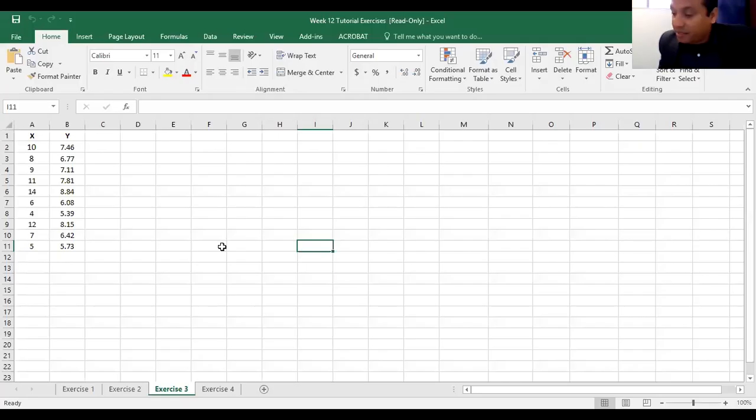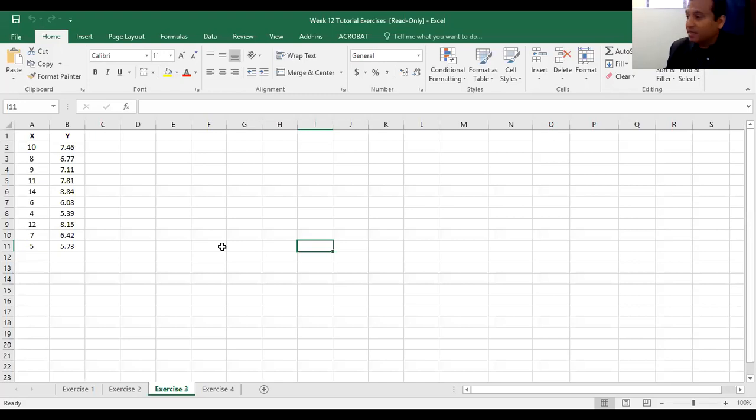Okay, this is exercise number 3. Consider the following list of data values, X and Y, and Excel is used to generate the following. If you see the output given to you, which one is the independent and which one is the dependent variable?